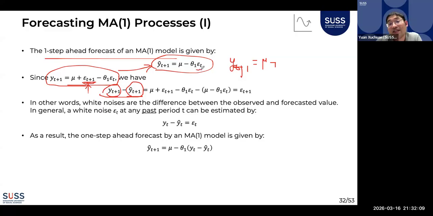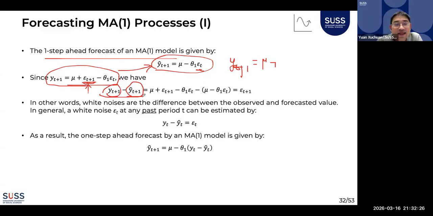Epsilon t is observable. You have yt, and you have yt hat, which is based on the model you just fit. And epsilon t will be yt minus yt hat.